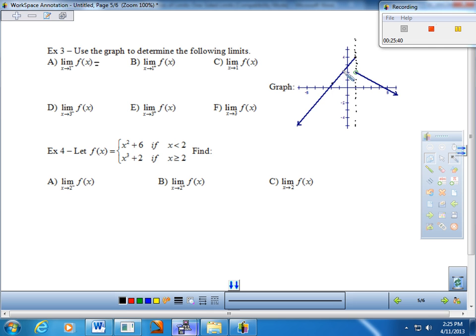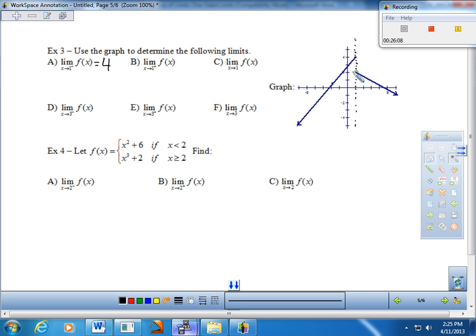I'm passing 3, it looks like, right there. And as I get closer and closer to 1, those y values, vertically, seem to be getting closer and closer to 4. I hope you would agree with exactly that conclusion, that those function values are getting closer and closer to positive 4 as I approach 1.